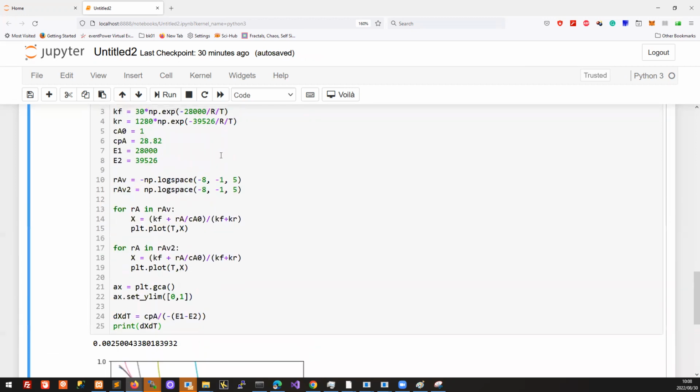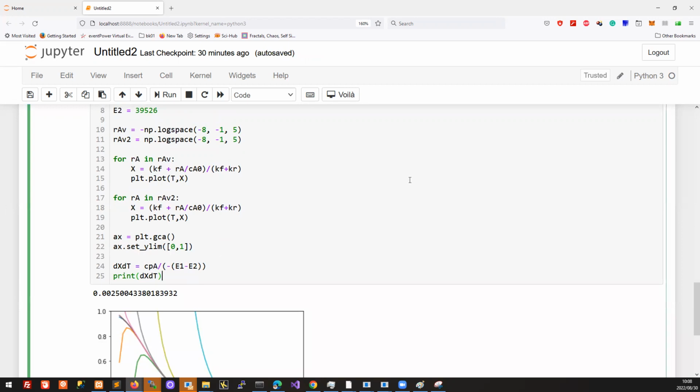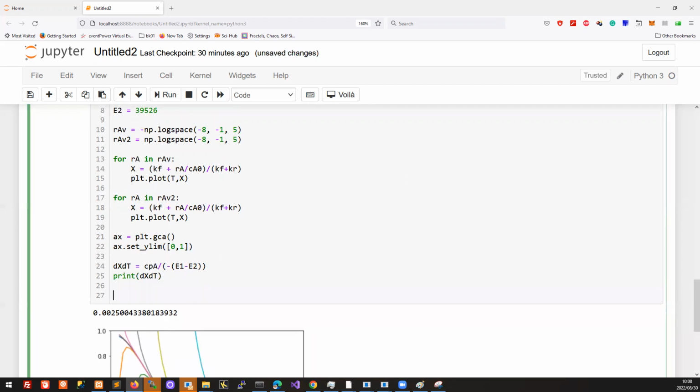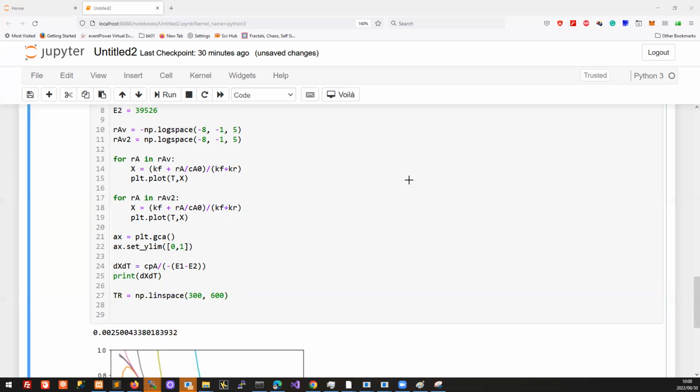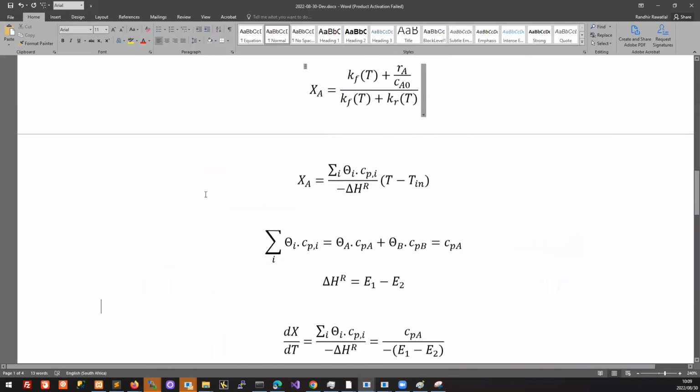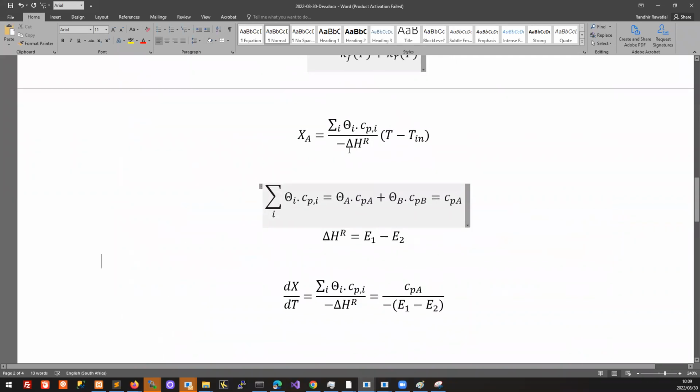And now let's choose some values. So T in the reactor. We are choosing some values in the reactor. We know we start at 300 Kelvin, and let's just choose 600 Kelvin. So that's T in the reactor. And then going back to our equation here, what we actually want is this.